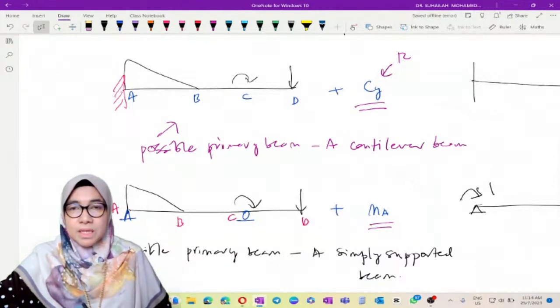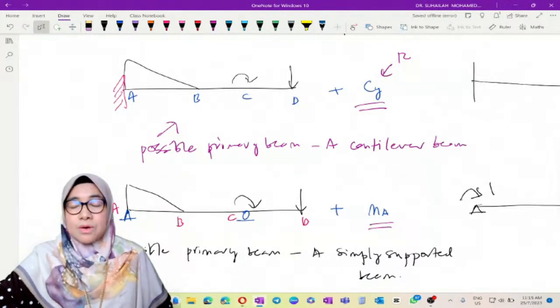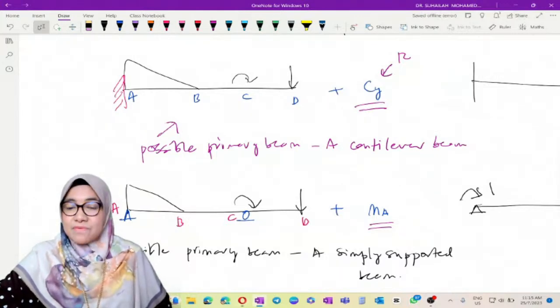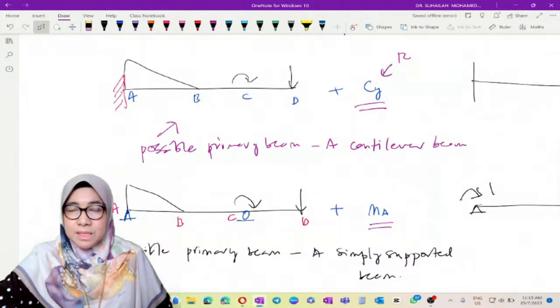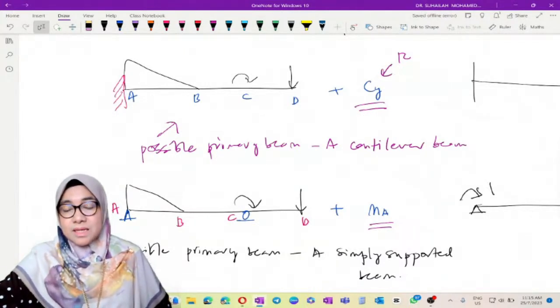The first possibility means that once we choose the redundant, we will have a primary beam. The primary beam that we are going to choose is the cantilever beam. So the cantilever beam is the primary beam whenever the roller is the redundant, the CY reaction at C as the redundant. So this is the first possibility. I will choose this to analyze this beam.